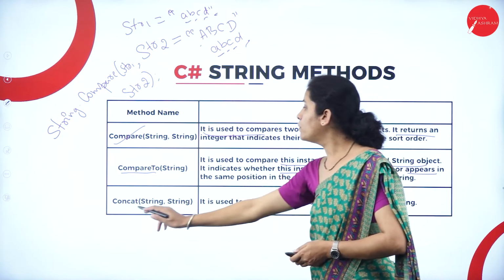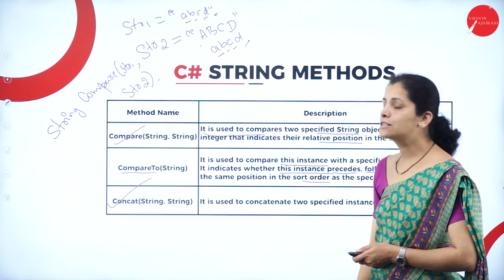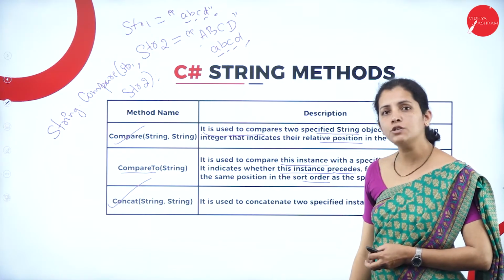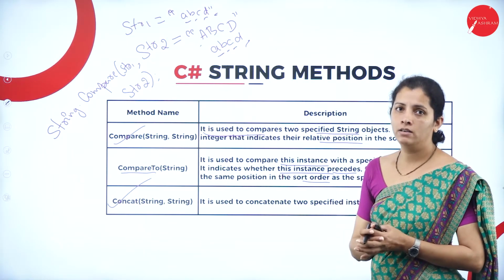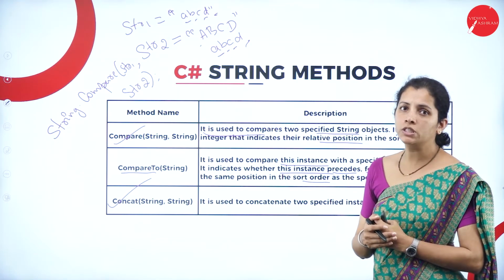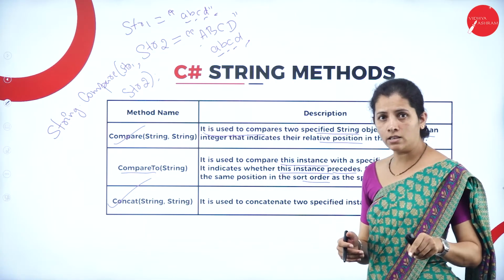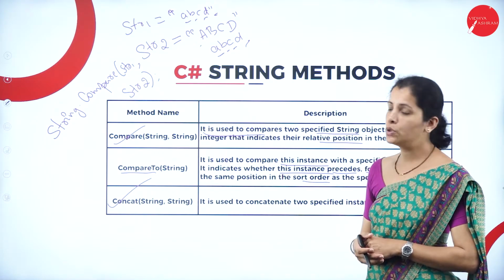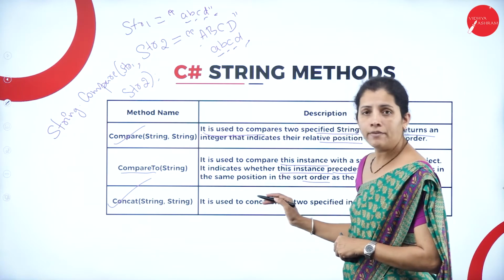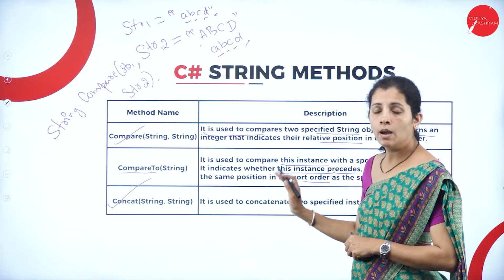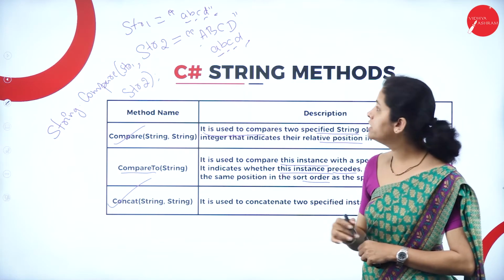Now, I'm going to have my next method, that is Concat. So what is concatenate? Suppose I want to club or combine two strings. At that time I can use the plus operator, or I can use the Concat method. Suppose I use the plus operator, then what's going to happen? Let me check.